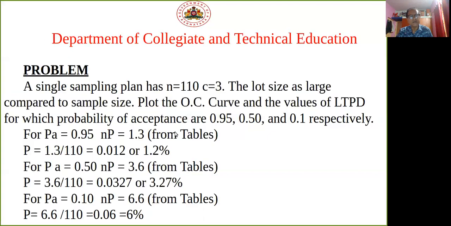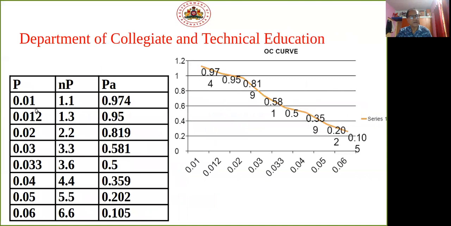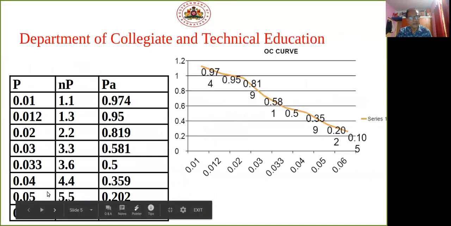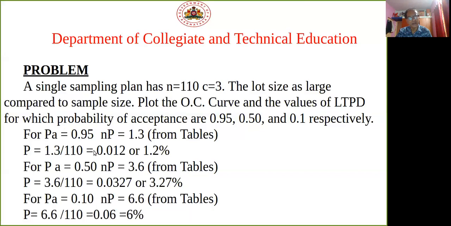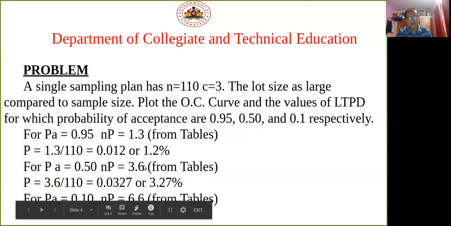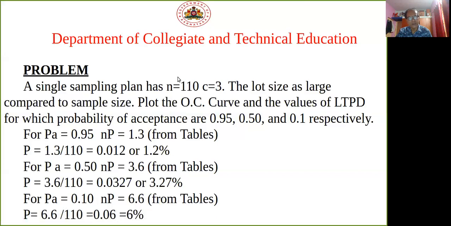So the three values he has given are P equals 0.012, 0.03 and 0.06.